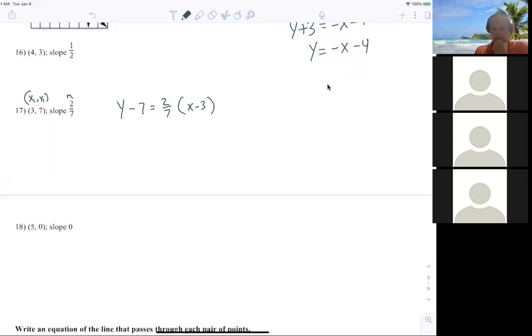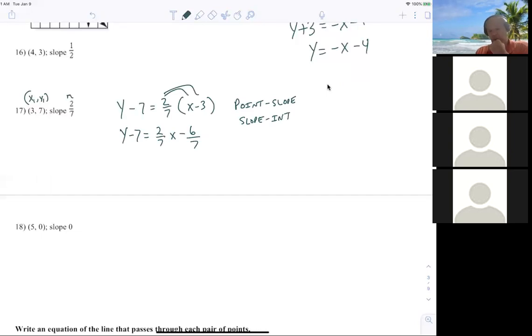And again, if you remember, that's called point slope form. But I need to convert it to slope intercept. Okay, so I'm going to go ahead and distribute the 2/7. Now let's practice your fractions and make sure you're good. Y minus 7 equals 2/7 x minus 6/7.